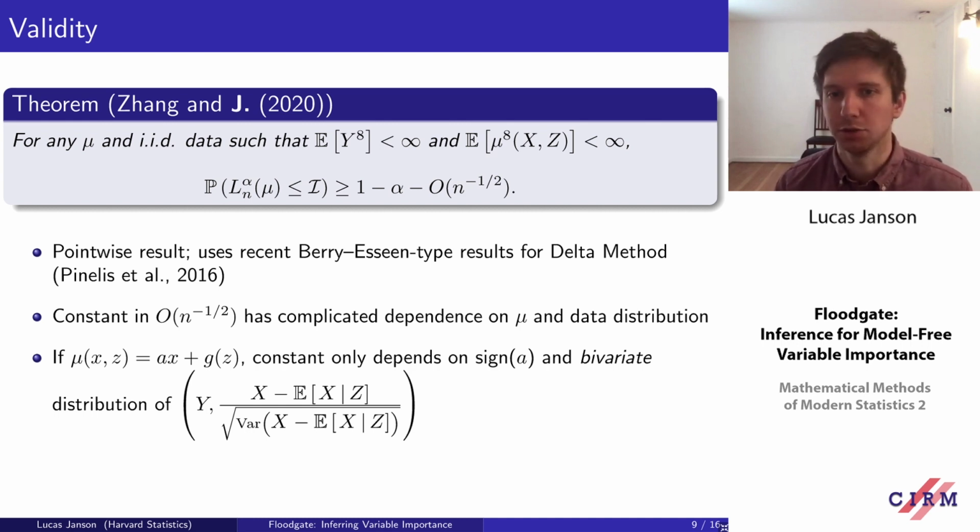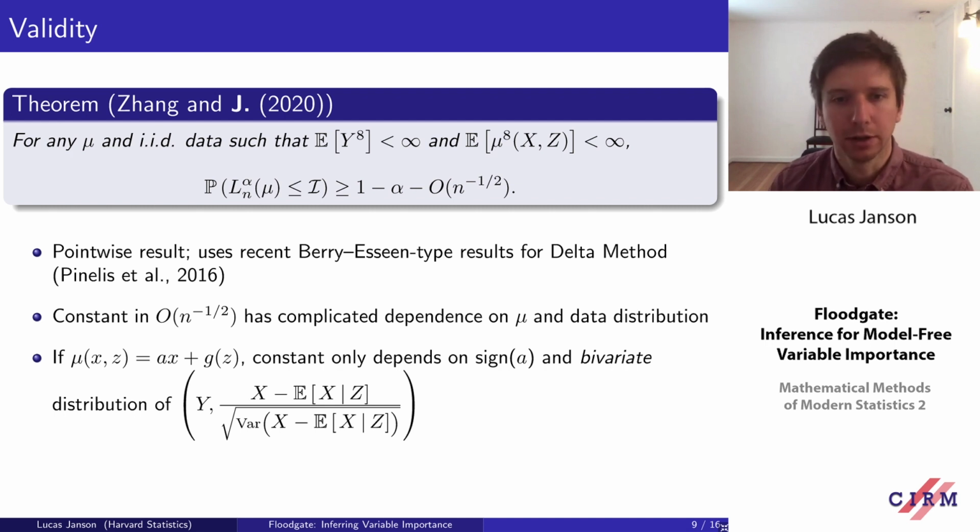So for any fixed distribution, our convergence is uniform over any partially linear mu that you fit. And furthermore, it turns out that the constant, instead of depending on the p plus 2-dimensional distribution of all the data, only depends on it through the bivariate distribution of y and this conditionally demeaned and standardized version of x.